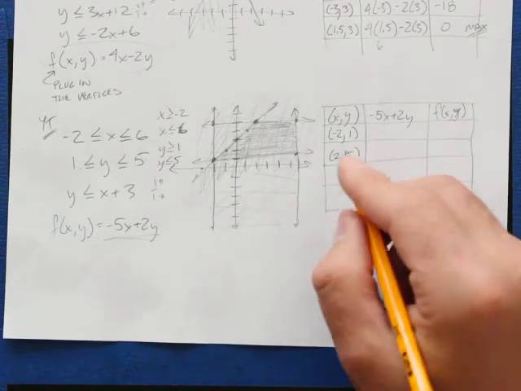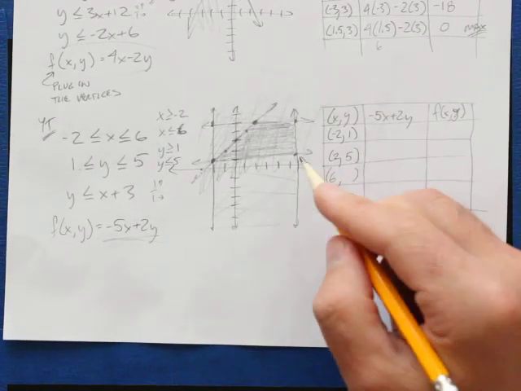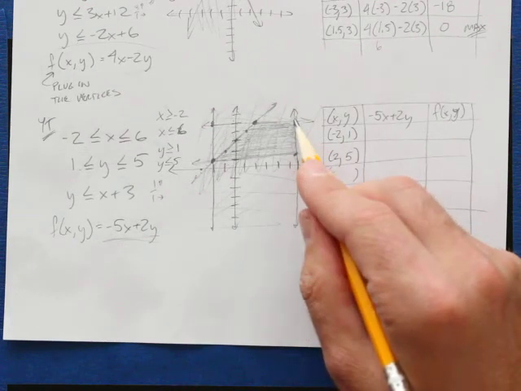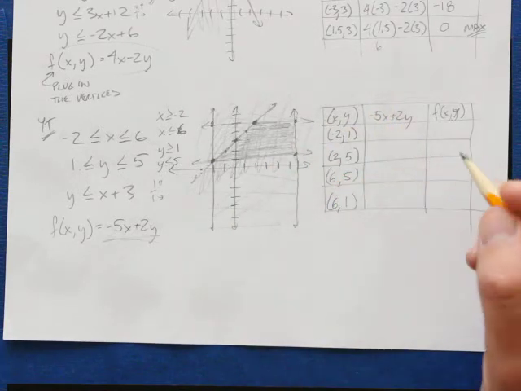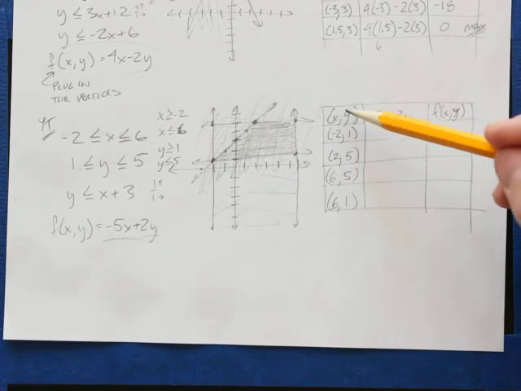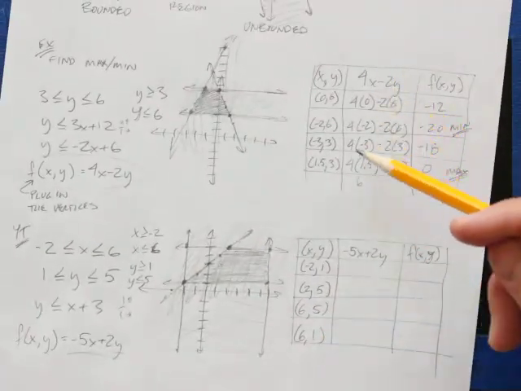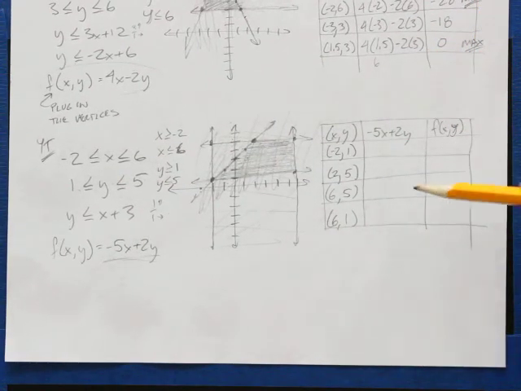They both have 6 as my x value. And then 1 is my y value here, and then up here this was 5. 1, 2, 3, 4, 5. And so those are all of my vertices. Now follow this example here and find my max and my min values over here.